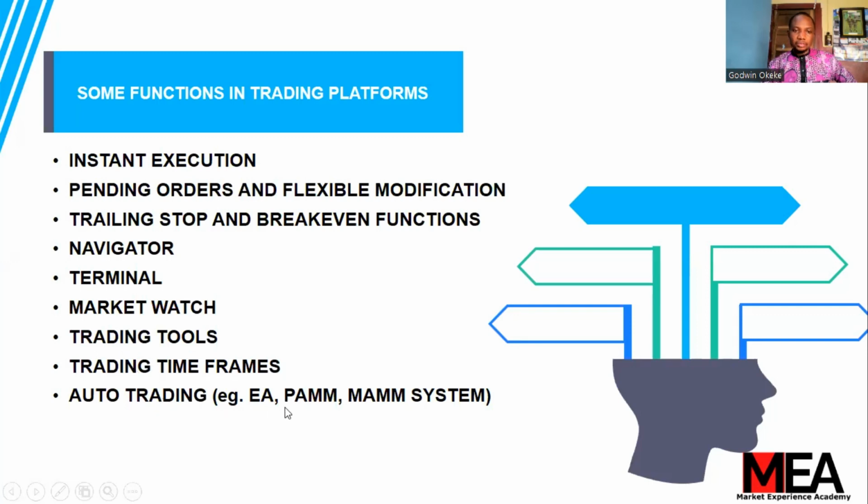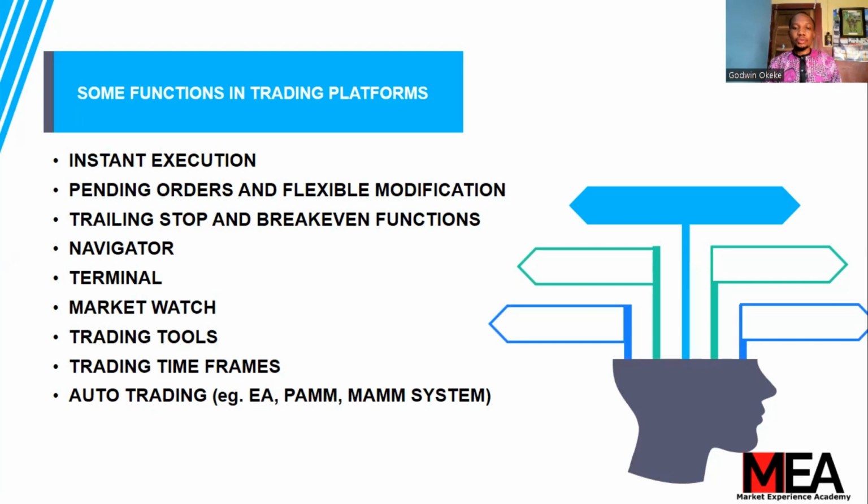And the auto trading: if you have customized the strategy that you're using to trade, you want it to become automated, so that even when you are not there, the markets will be running. The robots will trade for you. That's when you meet developers that can write the programs to suit your style of trading or your strategy.